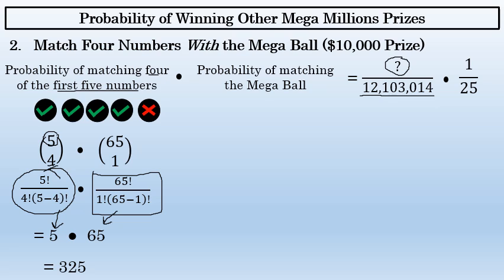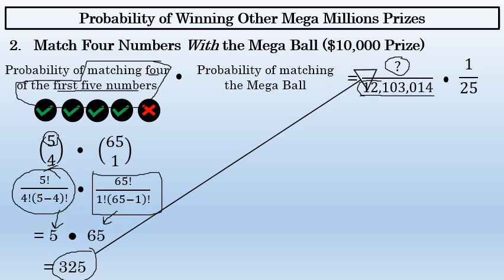This means that the number of ways to match 4 of the first 5 numbers out of a possible 12 million is 325. 325 ways out of the over 12.1 million ways those first 5 numbers can be drawn result in matching 4 out of 5.